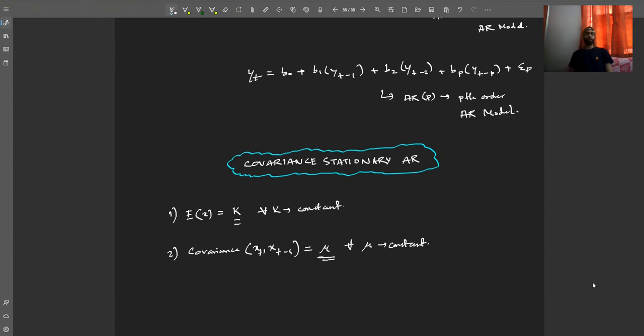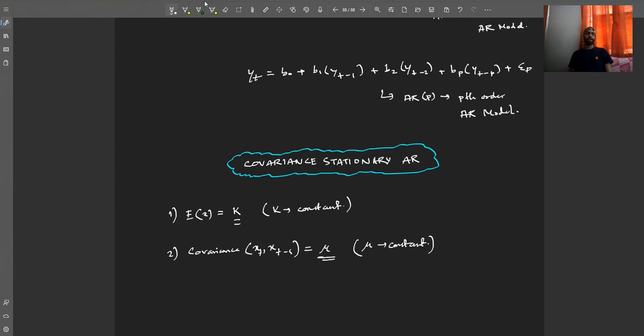The third point, the mean value of x has to be constant. Let's give it value lambda, where lambda is constant. So the mean has to be constant, the covariance has to be constant, the expected value of x also has to be constant.